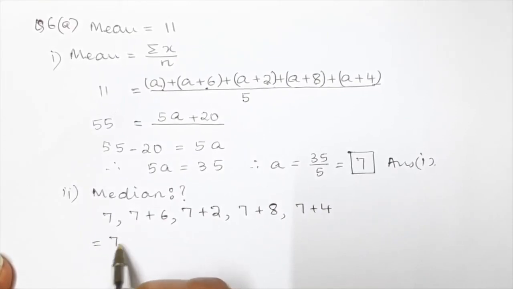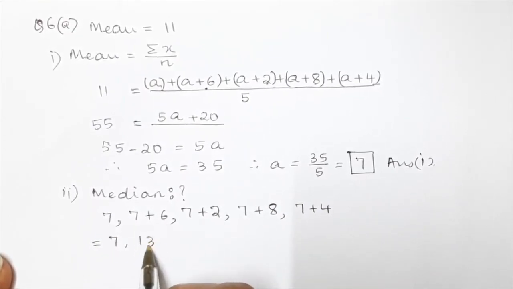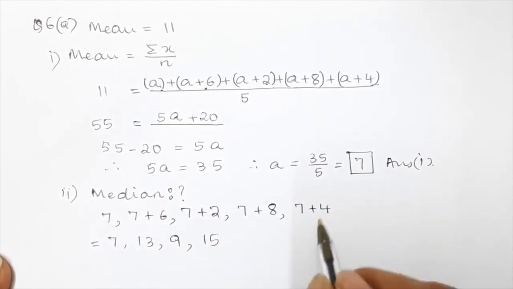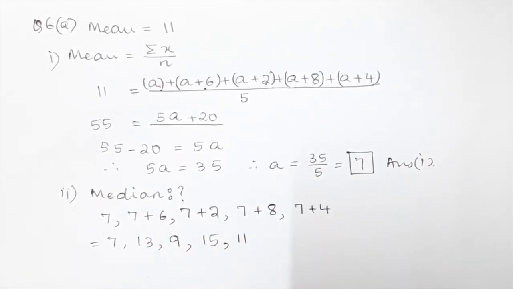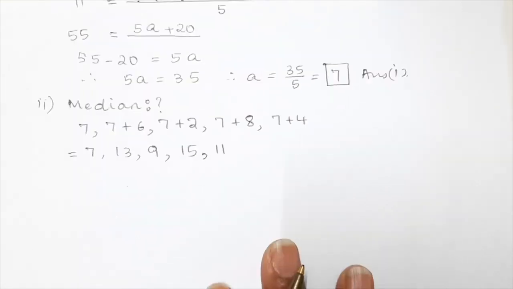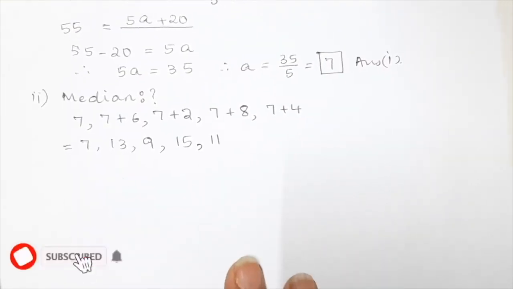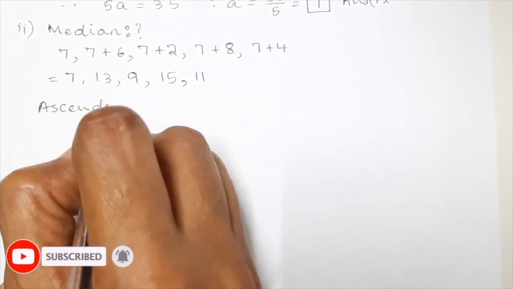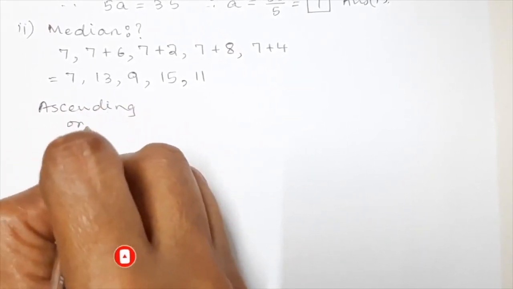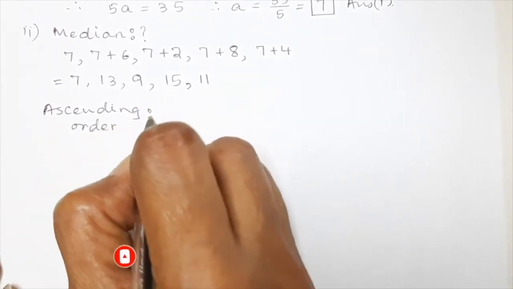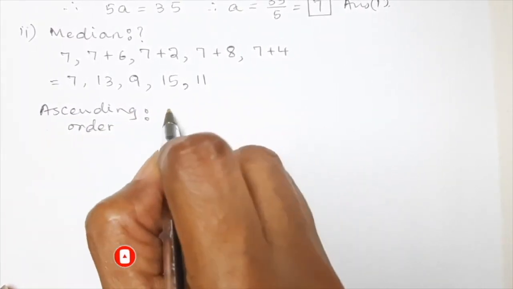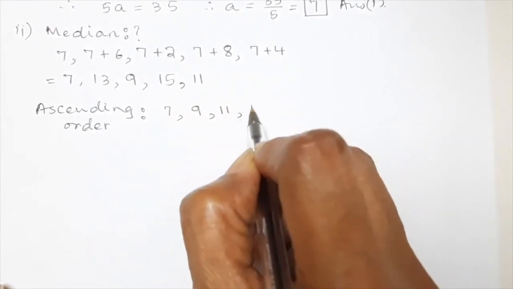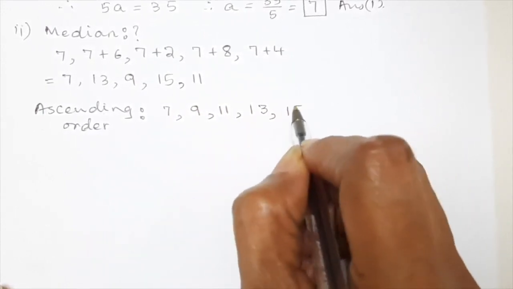So that will be 7, 13, 9, 15 and 11. When we have to find the median, we have to arrange them in ascending order. So the ascending order of the observations will be, first 7, then 9, then 11, then 13 and then 15.